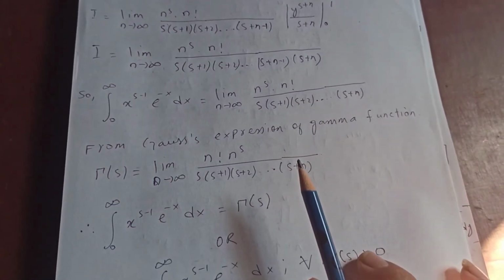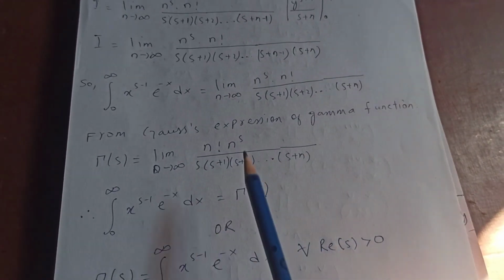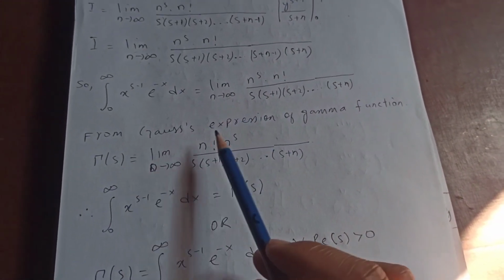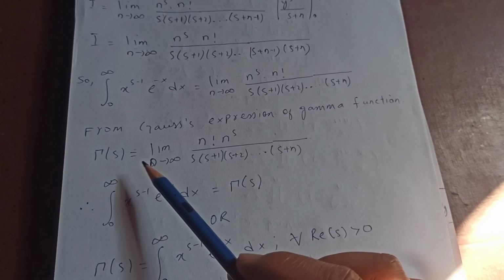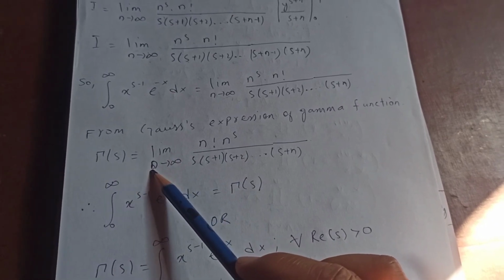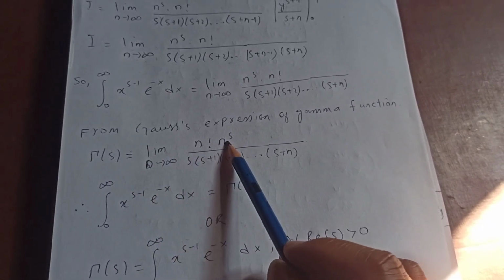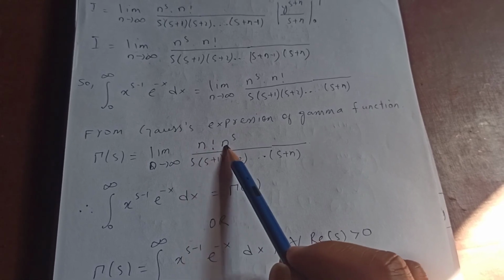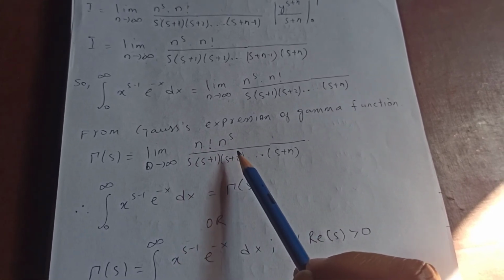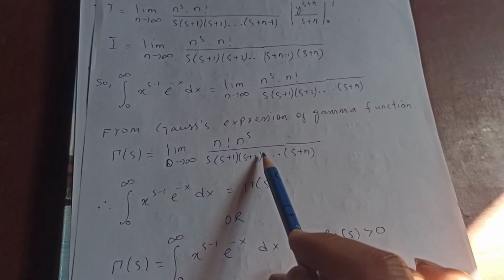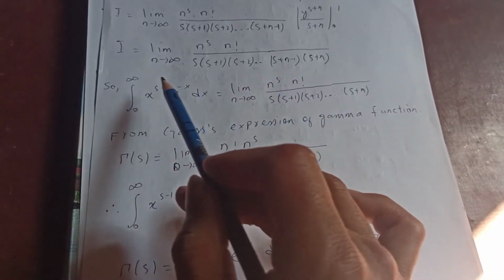So what do we have? This term is nothing but the Gauss expression of the gamma function. So gamma s is limit n tends to infinity, n factorial into n to the s upon s, s plus 1, and so on up to s plus n. So this limit is nothing but the gamma function, right?